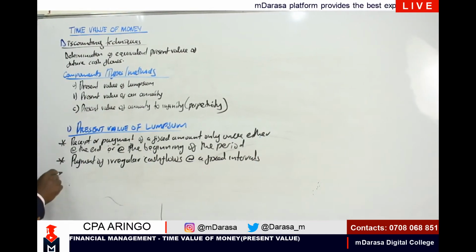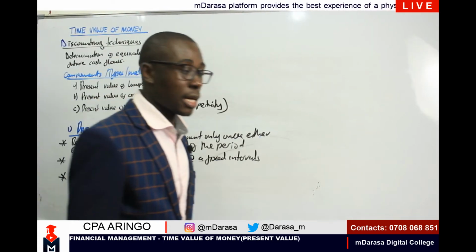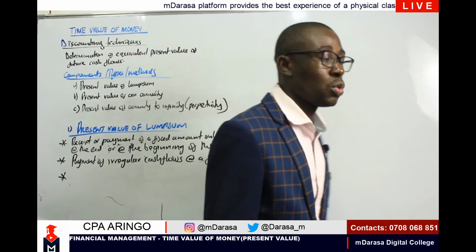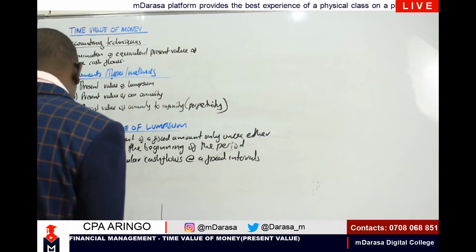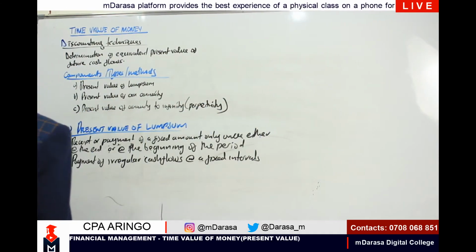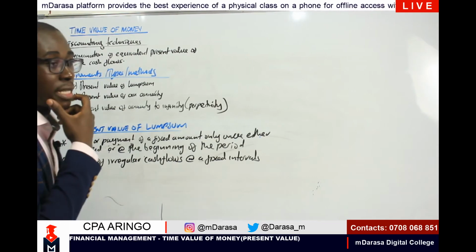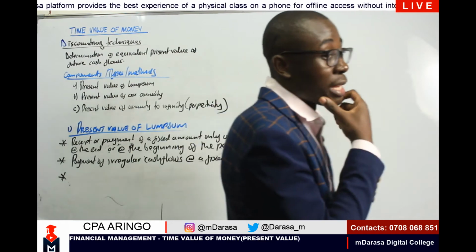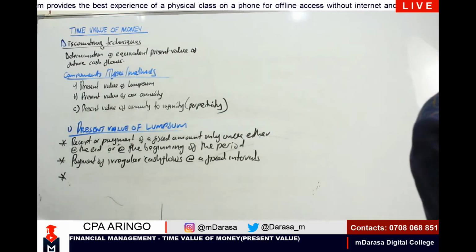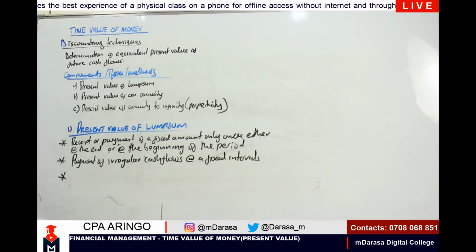Looking at it from a third perspective of discounting, or rather of our present value, we can talk about the aspect of calculating. It will assist us very much in calculating the present value for a lump sum. We normally consider this formula.